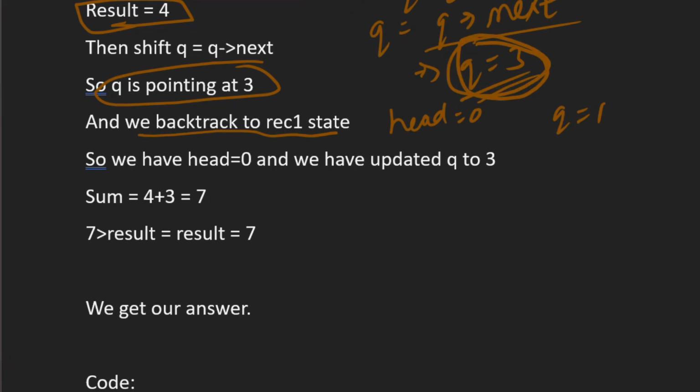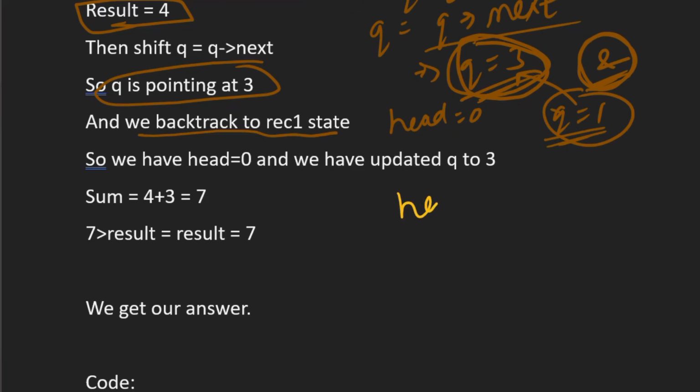For q we are using ampersand, that is, we have made an alias. So when we update q to 3, in recursive state 1 q was 1, but it has been updated to 3.